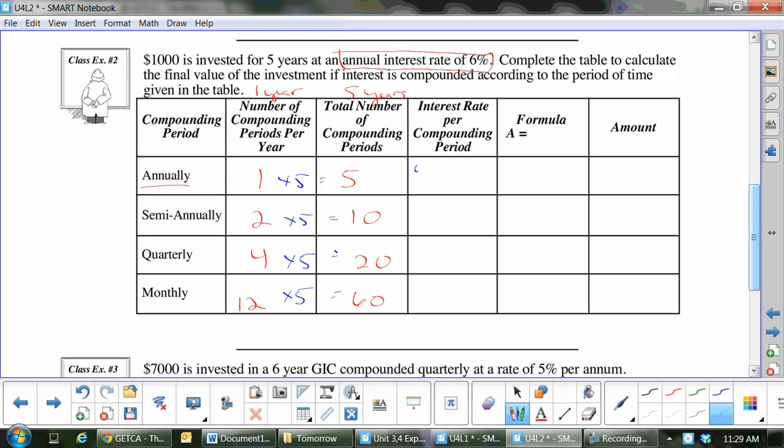So you would go 0.06 divided by 1. This would be 0.06 divided by 2, which is 0.03. This one would be 0.06 over 4, which is 0.015. And 0.06 divided by 12 equaled 0.005.